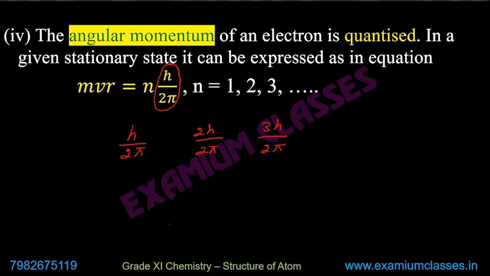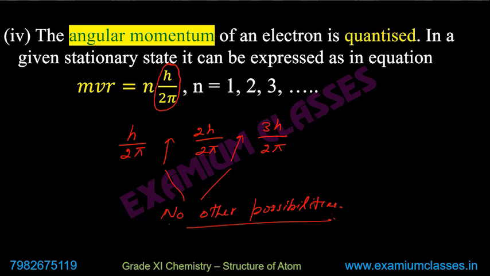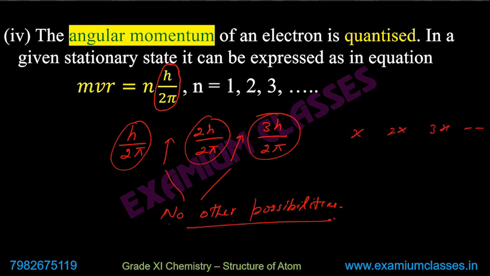It means no possibilities of angular momentum in between. No other possibilities. So angular momentum of the electron is quantized because it can have only some specific quantities. If h upon 2 pi is x, then it means x, 2x, 3x, etc.